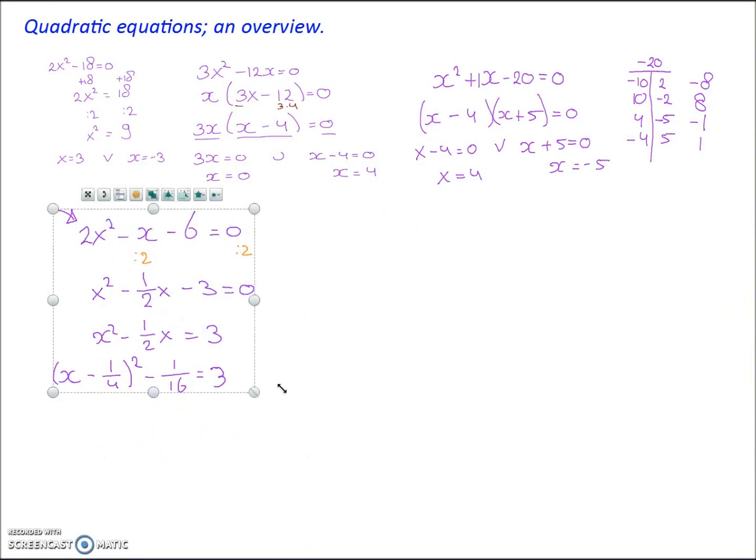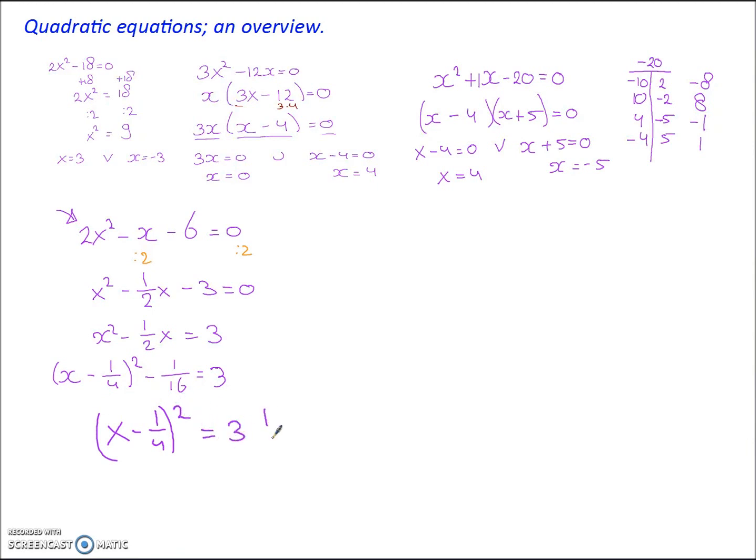But if I want to solve this even further, I move the negative 1/16 to the other side, so I get x minus 1/4 squared is 3 plus 1/16, or 16 times 3 plus 1 is 49/16.